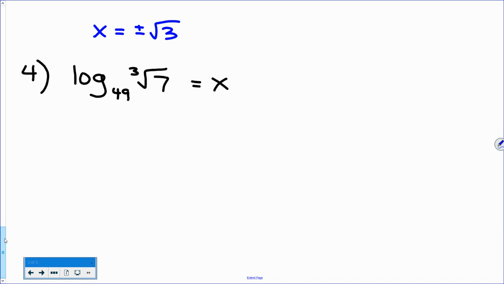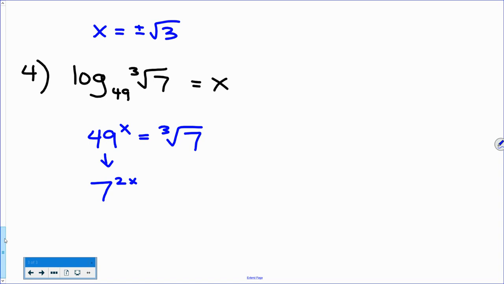So if I change this to exponential form, I've got 49 to the x power equals the cube root of 7. So this is going to kind of combine what we were doing last week with exponential functions, right? We can't get that x as our exponent, so what we did is we tried to find them to be the same base. So I can rewrite 49 as 7 to the second power.